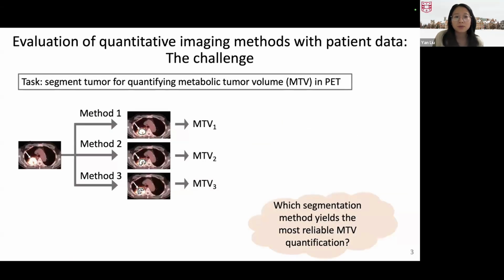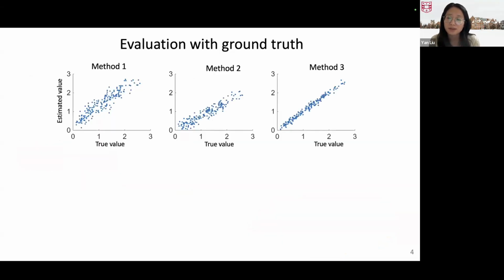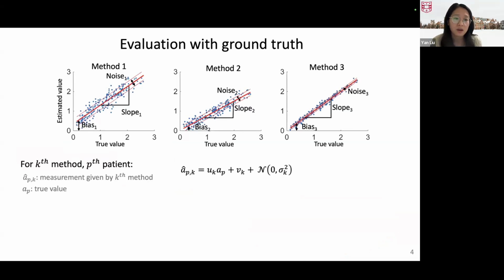To conduct this evaluation with patient data, the problem is that we do not have the ground truth. Consider that if we have the ground truth, one thing we could do is a simple linear regression, where we can estimate the slope, bias, and noise standard deviation terms between the estimated value and the true value. Then we can use the slope and the bias terms to calibrate the measurement.